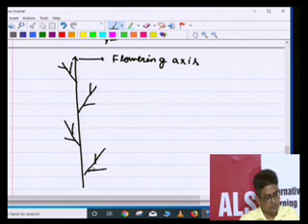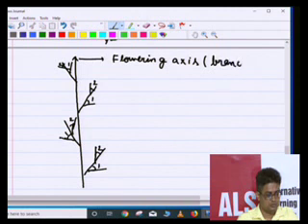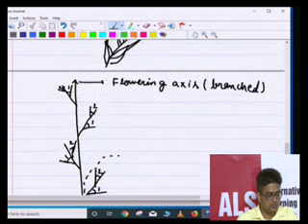This is the first spike, 1, 2. Second one, 1 and 2. Normally it bears 2 flowers only. Each spike is very short. So this is the flowering axis which is branched, and this is a small spike inflorescence.